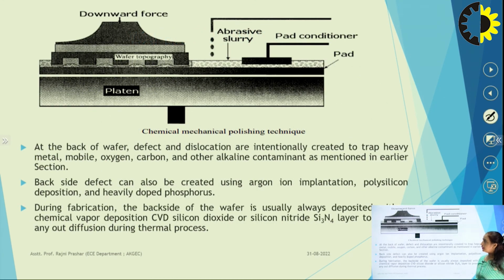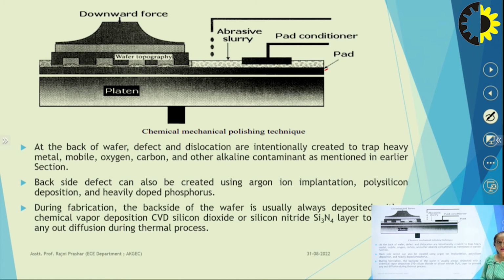So this is another diagram used for this chemical mechanical polishing technique. We have this pad, here your wafer is placed, some slurry material is passed. This is the pad container, and some downward force is required so that your wafer can be held tightly.